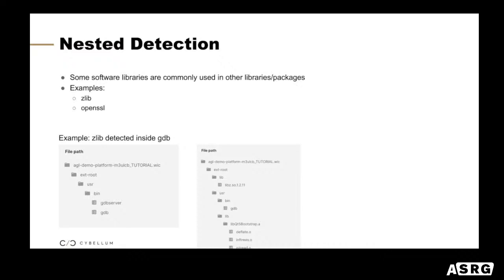So this file called GDB or GDB server is part of the GDB package, but it also contains the zlib package. It is important to identify that both are detected from that file, and this is important again for vulnerabilities and for software licenses.